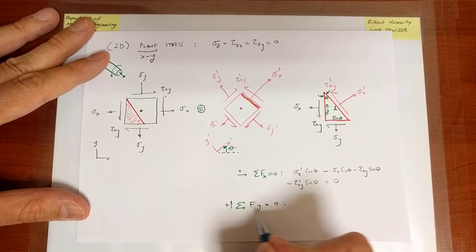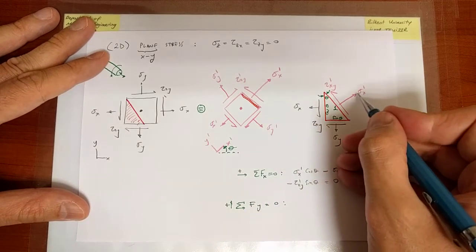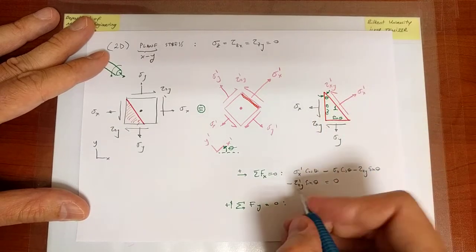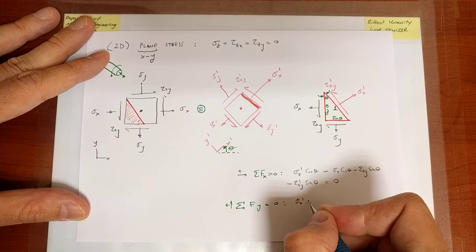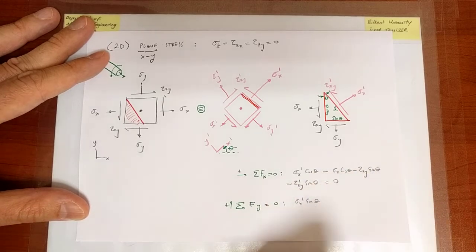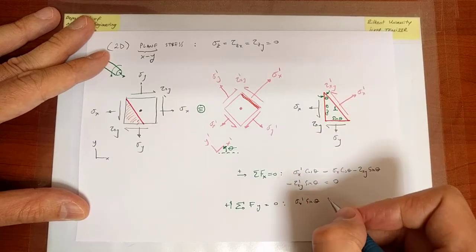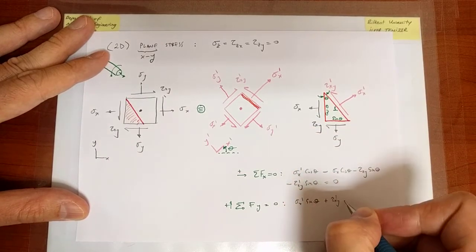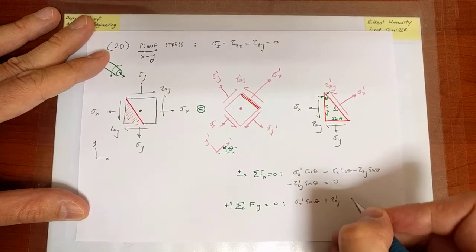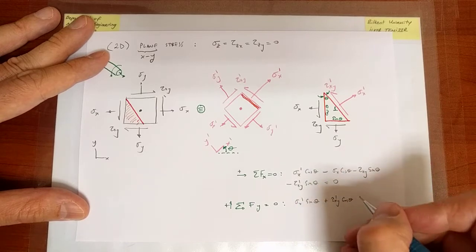Now then, if I do the same thing for y, there will be a contribution to the y force from sigma x prime, this time times sine theta. And likewise, there will be a shear force contribution, which is now positive, plus tau xy prime. The area is 1, but the direction should be this time cosine theta, if it's in the vertical direction.